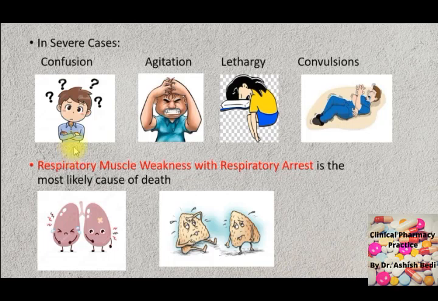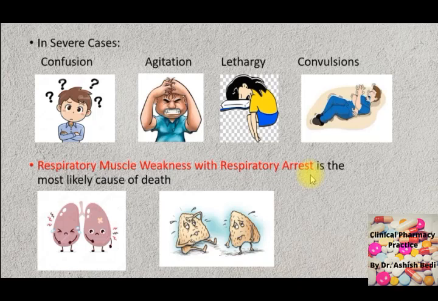So if you see a patient of tobacco poisoning who has confusion, agitation, lethargy and convulsions, treat him in a short span of time, otherwise he will die. And I already told you that if respiratory muscle weakness and respiratory arrest happen in the patient, the patient can die, because first it will activate the sympathetic system, then with higher dosage it activates the parasympathetic.